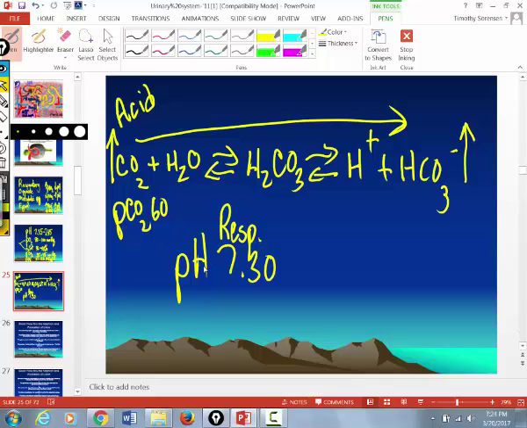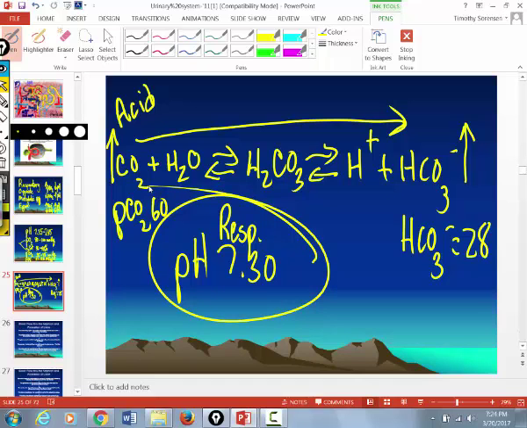So if the pH was 7.3, the PCO2 is 60, and the bicarbonate was 28, is that higher or lower than normal? It's higher, right? So are the kidneys compensating? Yes. But is the pH still acidic? Yes. So this is a respiratory acidosis that's partially compensated by the kidneys. It's partially compensated because the kidneys are moving in the right direction, but the pH is still acidic.